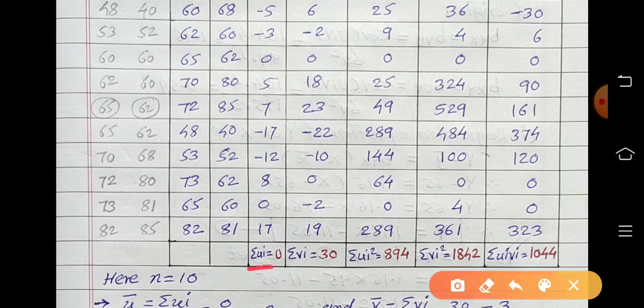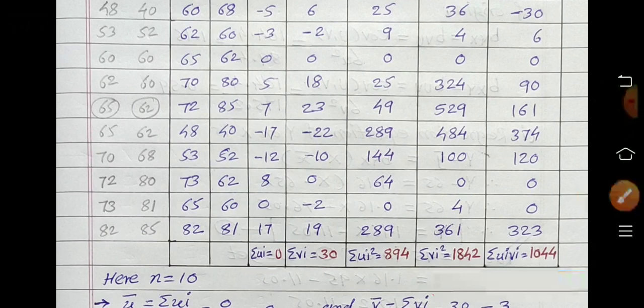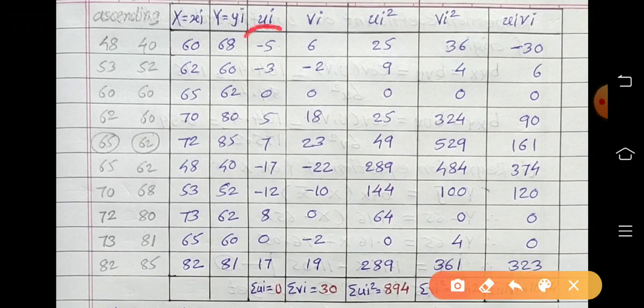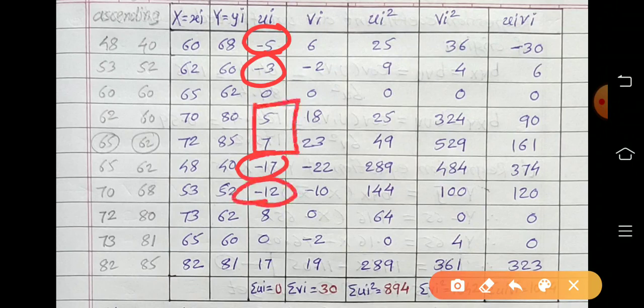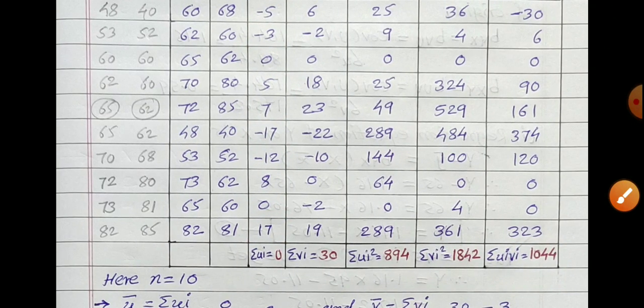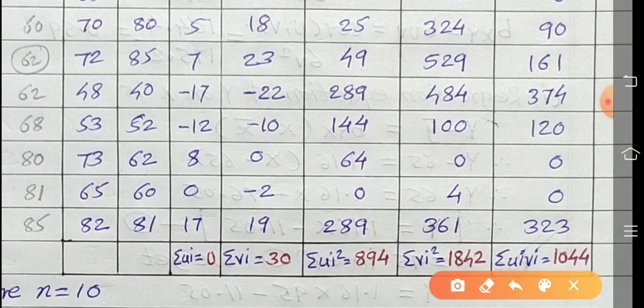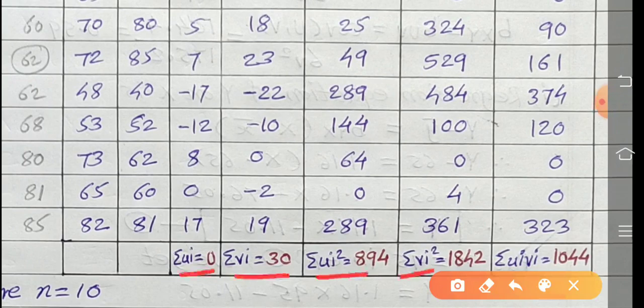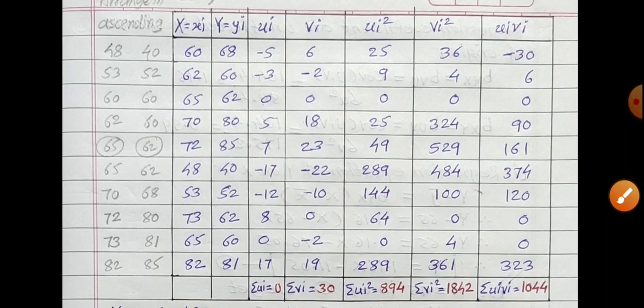First you add the negative numbers having the minus sign, and then you add the plus numbers, and then find the difference between them, plus numbers and minus numbers. So find the total. The summation of ui is 0, summation of vi is 30, and then summation of ui square, summation of vi square, and summation of ui vi. All totals we find here are called summations.